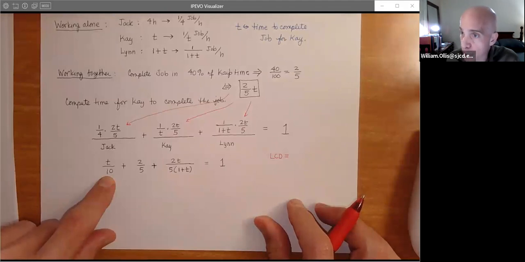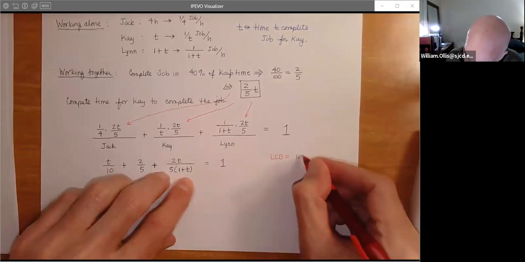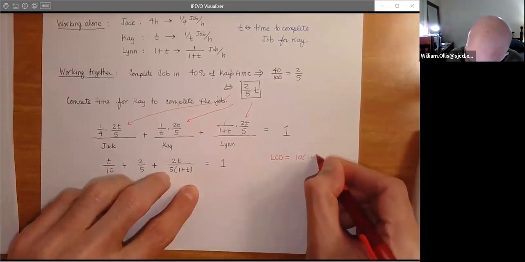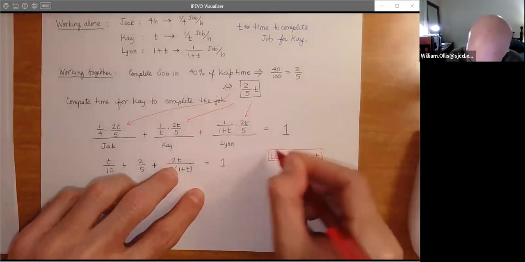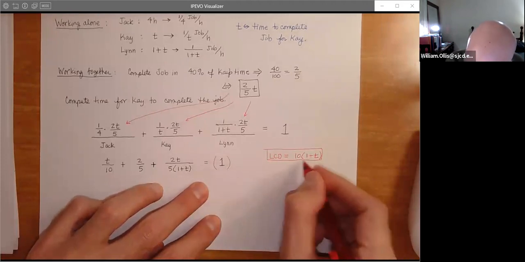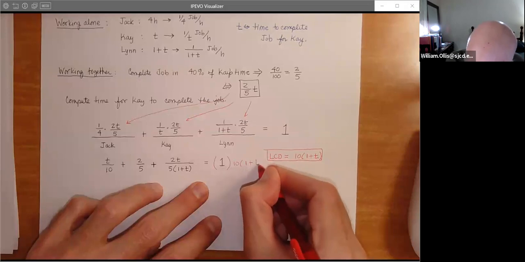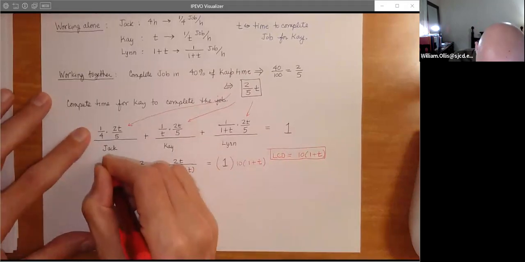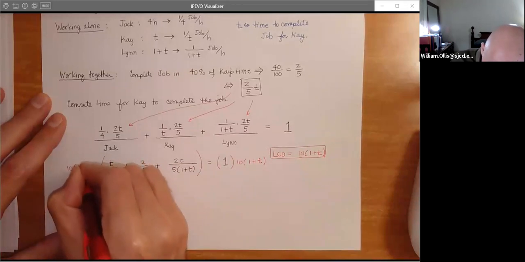So 10 will take care of the 5 and the 10, and we need a 1 plus T. So we have 10 times 1 plus T as the LCD. So let's do that. So if you like, this is 10 times 1 plus T, 10 times 1 plus T.